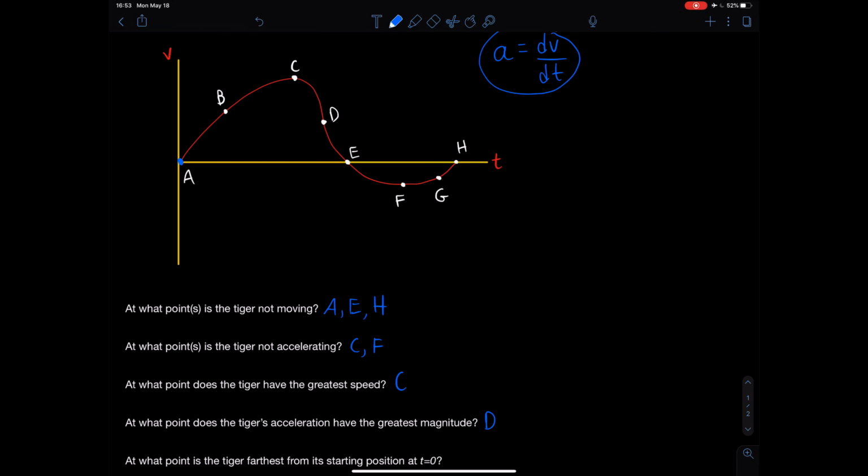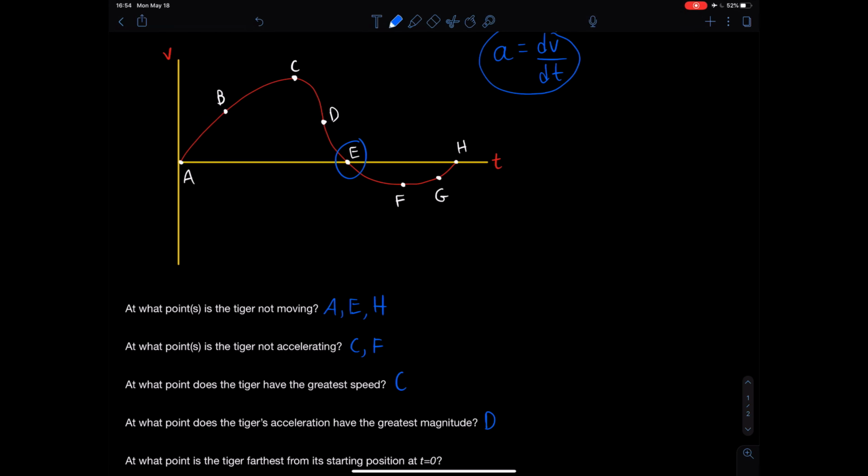So all of these points on the graph here mean that the tiger is moving forward and away from his original position. So it's not that the tiger went and then started backtracking. The tiger is moving away from his position all the way up to E, and then the tiger starts moving backwards again in the time interval from E to H. But the greatest distance away would have to be at E.